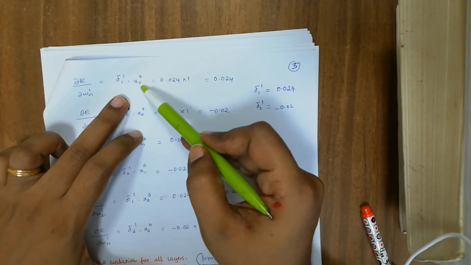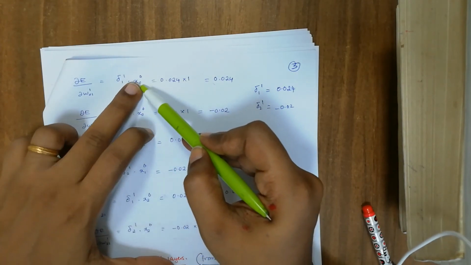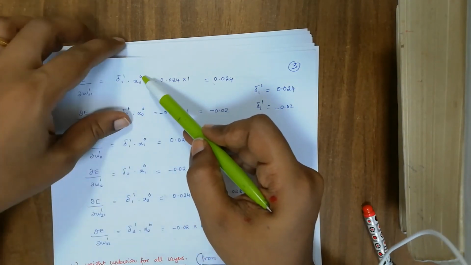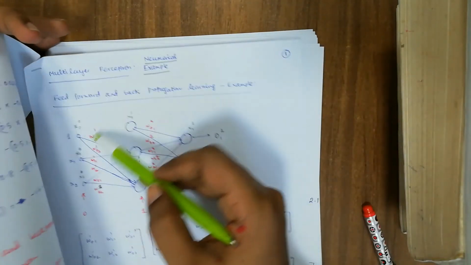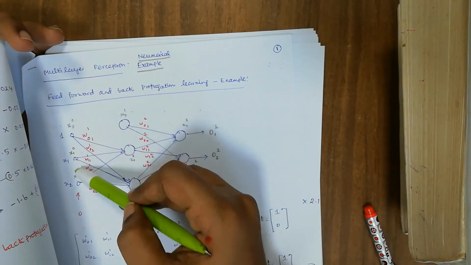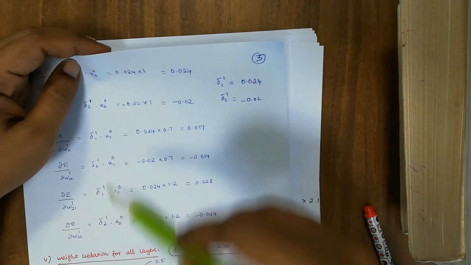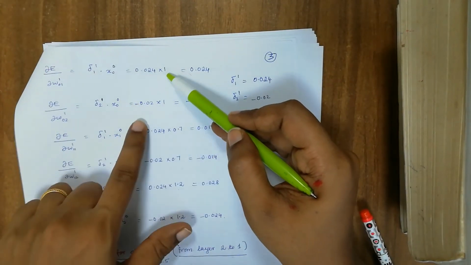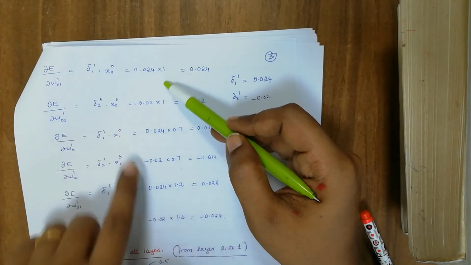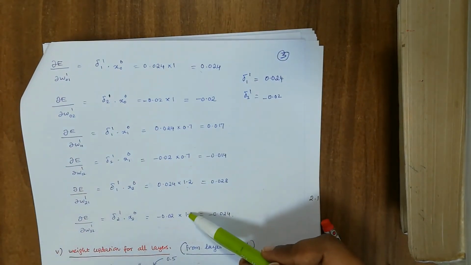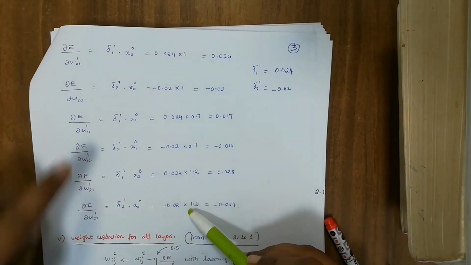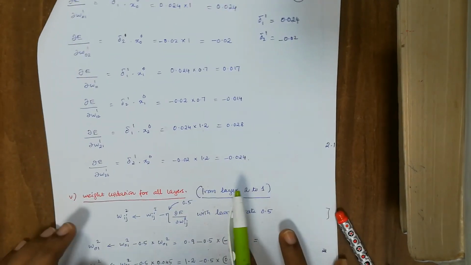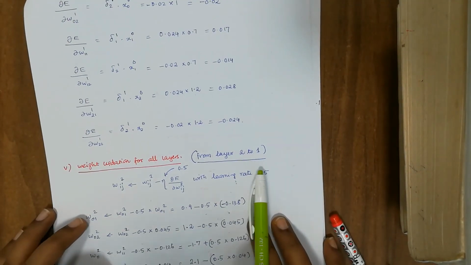So this has been multiplied by its previous value, which is x0 in the 0th layer, the previous layer input. The previous layer input that we obtained in the feed forward has been considered, and then all these weights have been updated. Now once we have obtained all this, the last step is the weight updation rule.